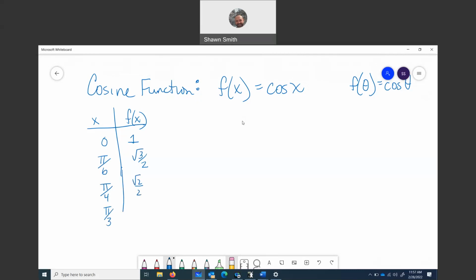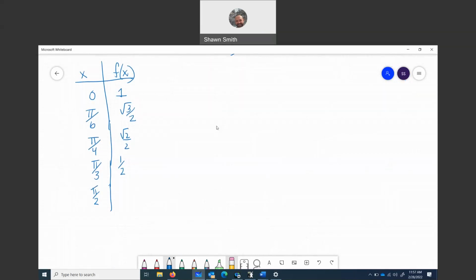Pi over 3, your 1/2. Pi over 2 is 0. And then let's go to just pi next. So x coordinate there, -1. 3 pi over 2, back at 0, and at 2 pi, it is back at 1.